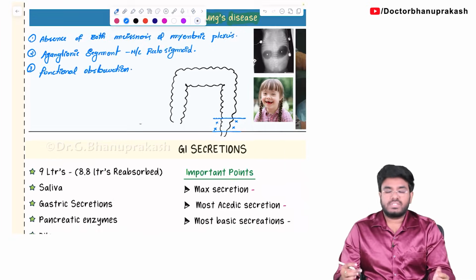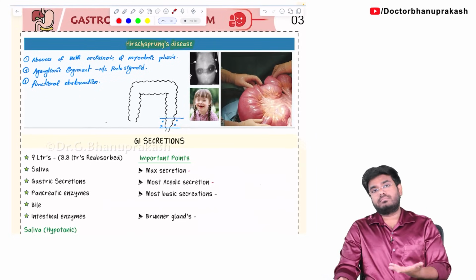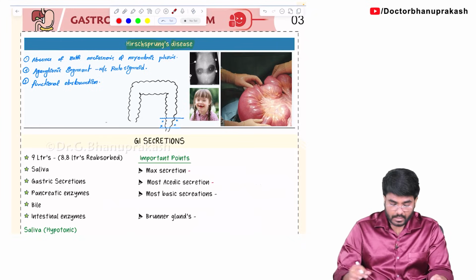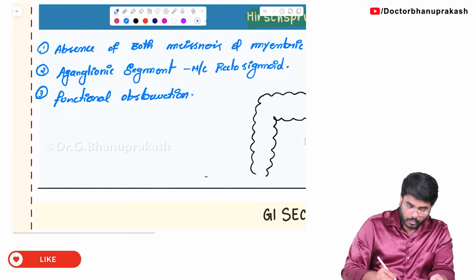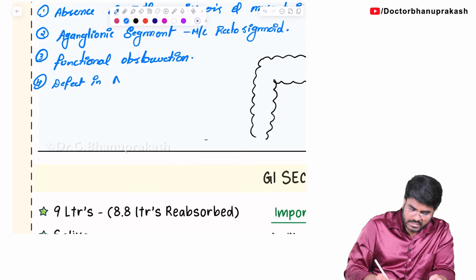Now you will have a doubt: first of all, why is all this problem happening? Why are there no enteric plexus and Meissner's plexus in this area? Because it is a defect. The entire problem lies here: defect in neural crest cell migration.